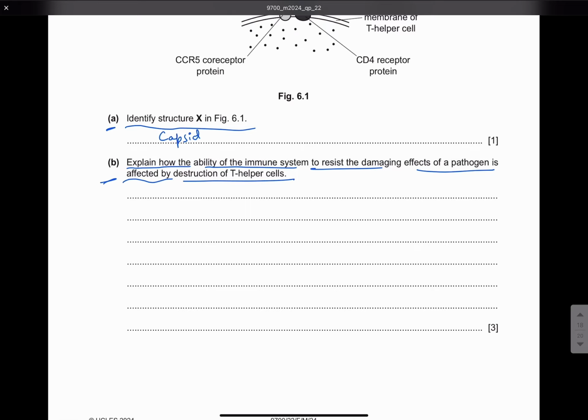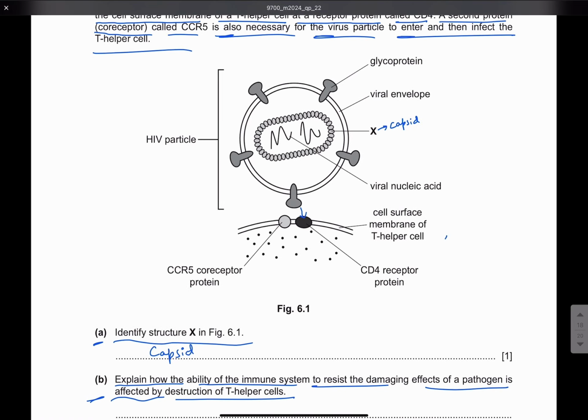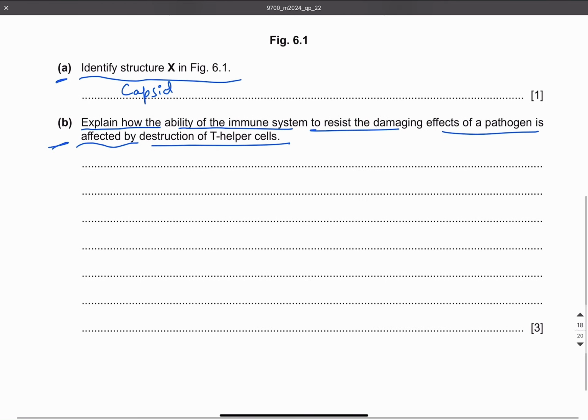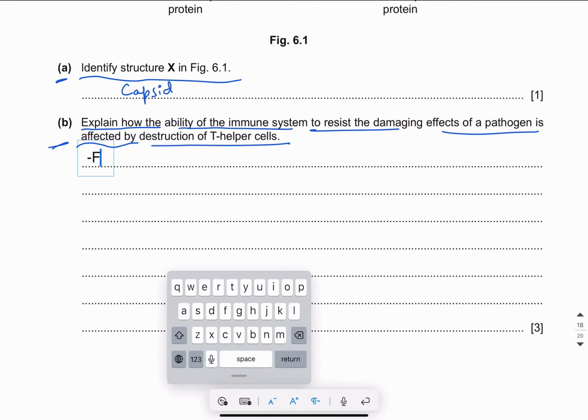You all know that HIV infects the T helper cell and destroys it. This results in the fall in the number of T helper cells. So you all know that T helper cells secrete cytokines. If T helper cells are being destroyed, then few cytokines will be released.